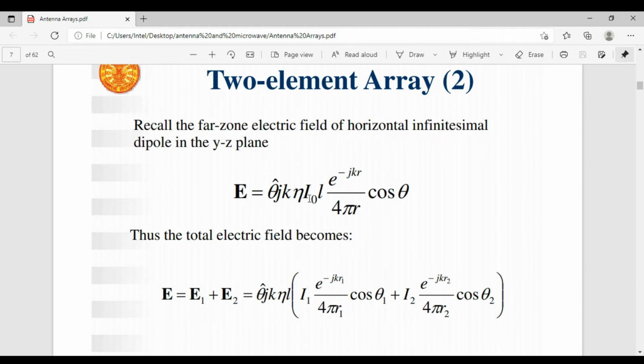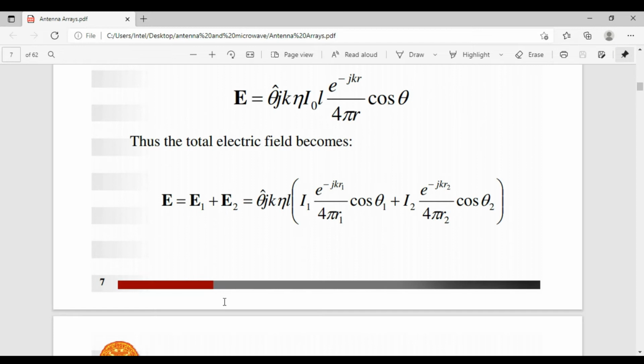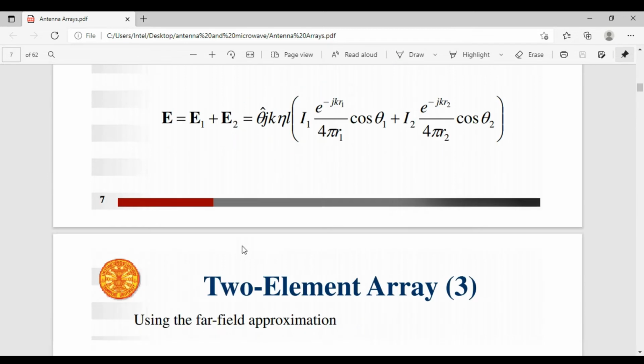We already know this, in the short dipole we derived the electric and magnetic components. When we put two dipoles together, we have to add the components. The total resultant field is the summation of the individual components. Hence E is equal to E1 plus E2.